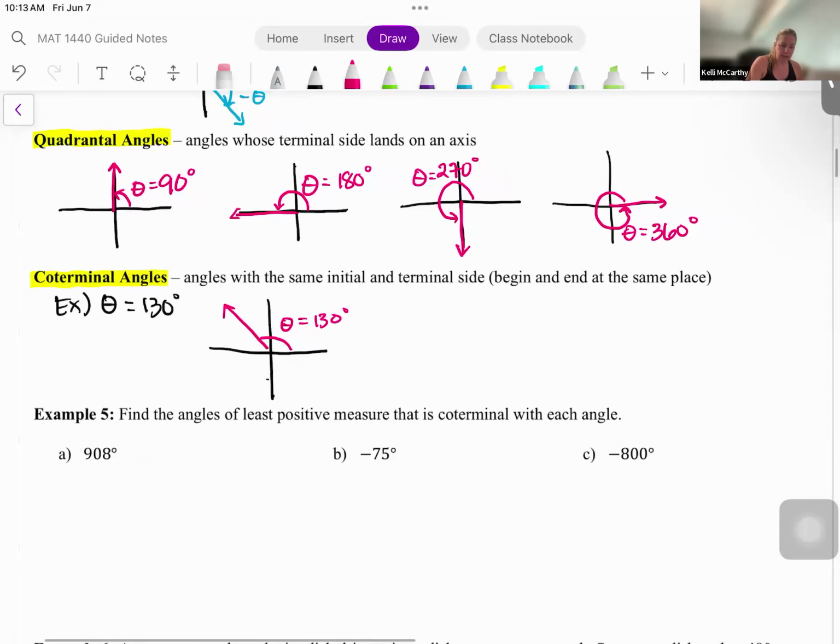Now, if I were to continue and add another 360 degrees, what would that look like? So again, let's think about that terminal side. Here was that original 130, but if I keep going all the way around, adding a whole other revolution, I've added another 360 degrees.